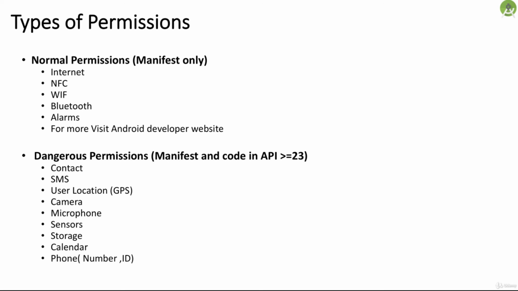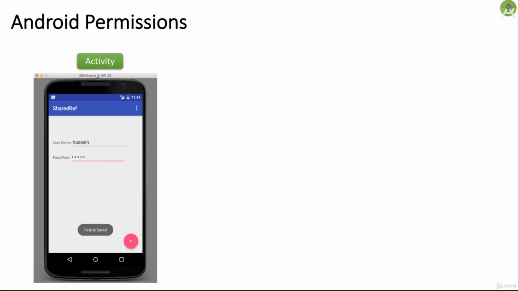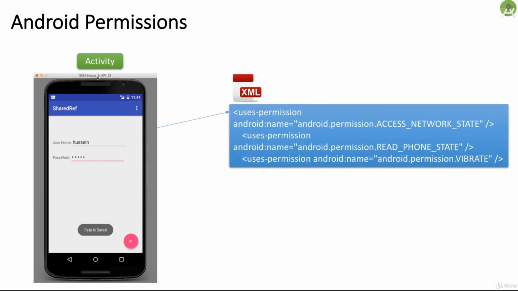To explain this, if you go to your Android activities, you will see a file named the manifest file. This manifest shows you how to use this. For example, this application needs to access the network, so I added the user permission for network access. Secondly, if you want to use the read phone state, I write this line for using phone state.